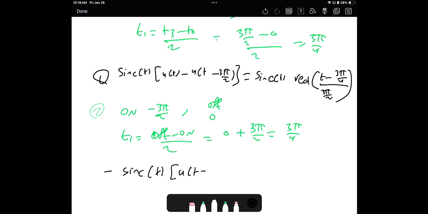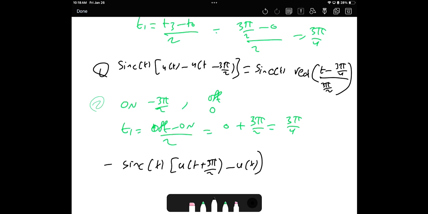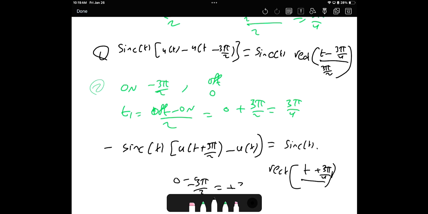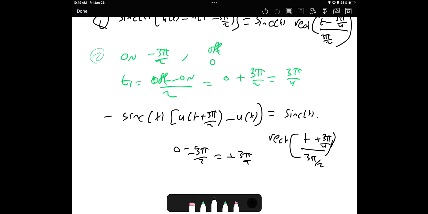Here it was u of t plus 3 pi over 2 minus u of t, which will make it as sinc of t times rect of t plus 3 pi over 4 divided by the width here, 0 minus negative 3 pi over 2, which is 3 pi over 2. And remember, those are multiplied.